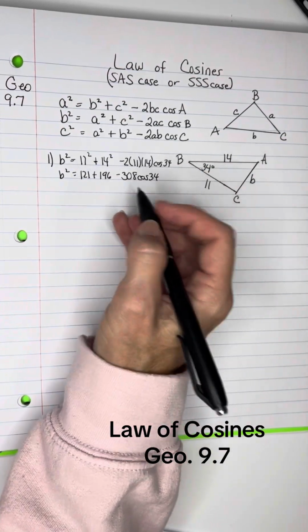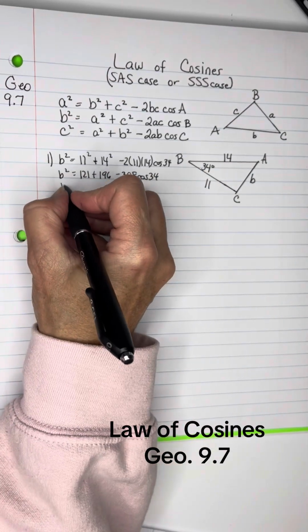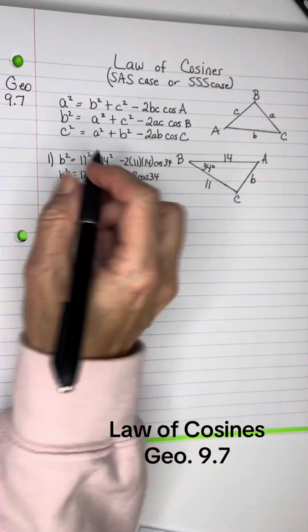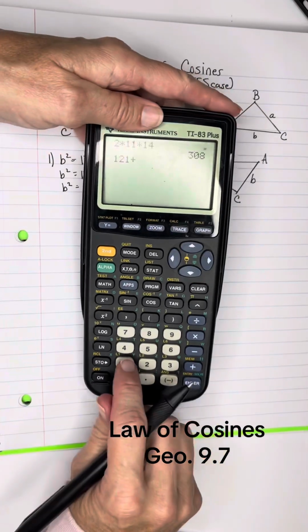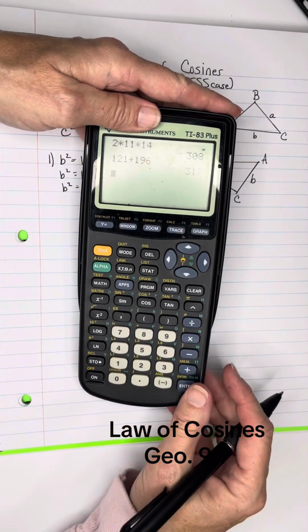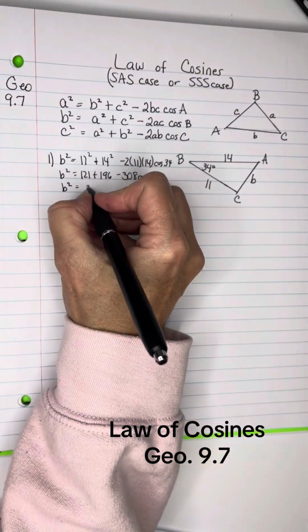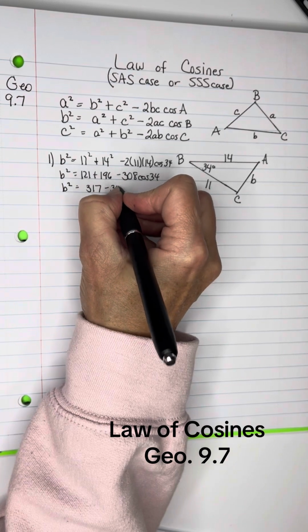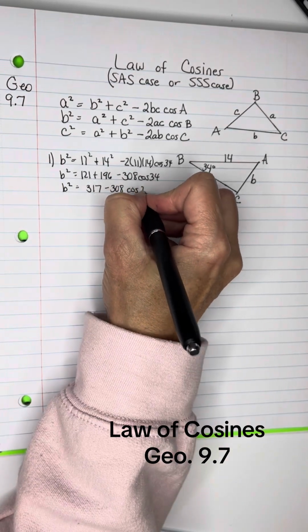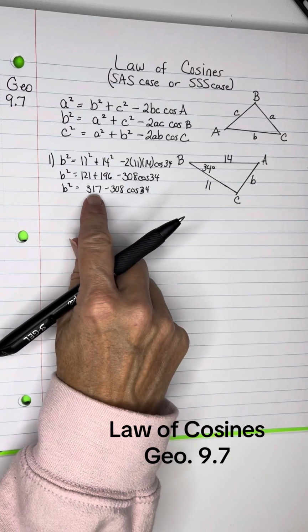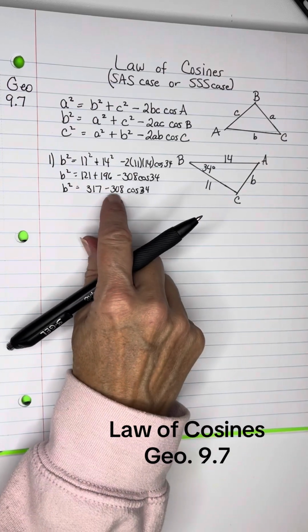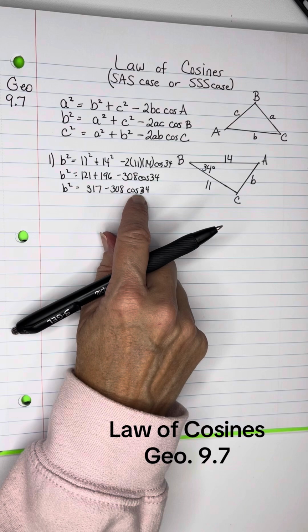Okay, that's like a whole group of things. All right, so B squared equals, you can only combine these first two. So 121 plus 196 is 317, minus 308 cosine of 34. At this point, I cannot combine these because that's actually attached to the cosine of 34.